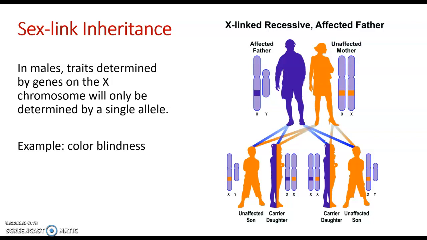The Y chromosome is much, much smaller and doesn't contain the same genetic information as the X chromosome, and really only contains the information needed to produce those extra testosterones or male sex hormones. So anything that's coded for on the X allele is going to be determined by only the one allele that they have on their X chromosome. An example of that is going to be color blindness. That's one of the alleles that is housed on the X chromosome.